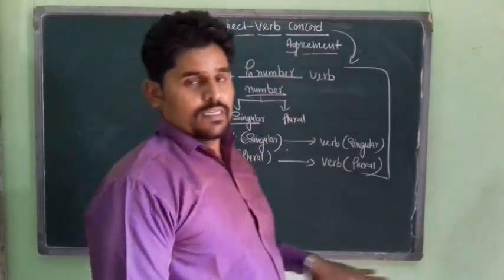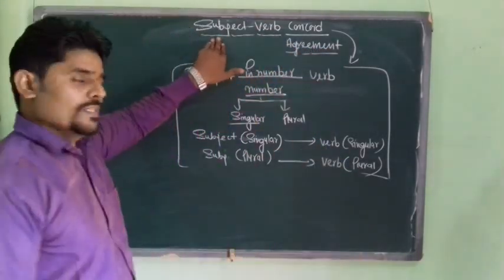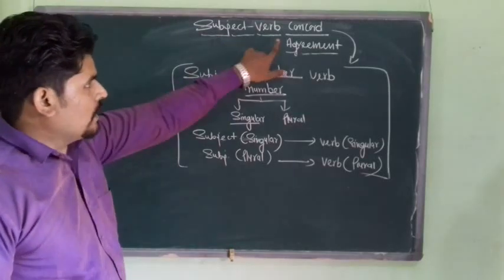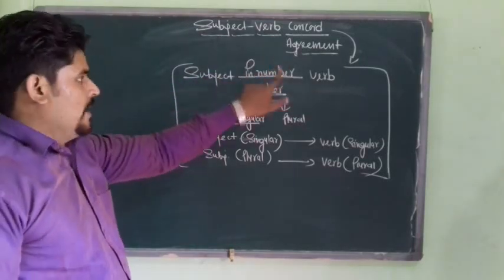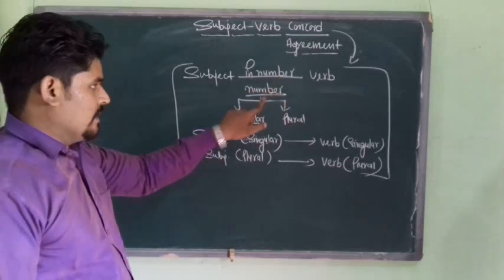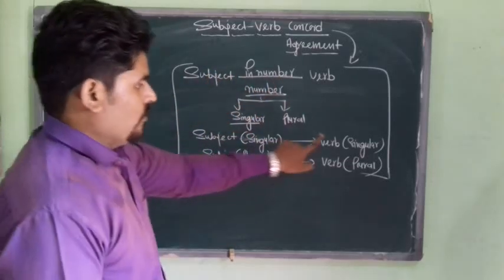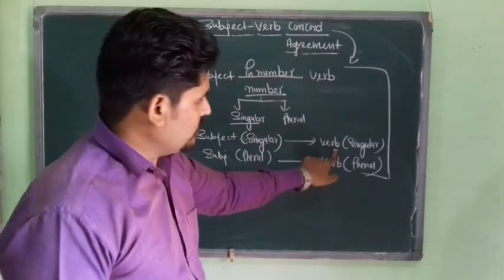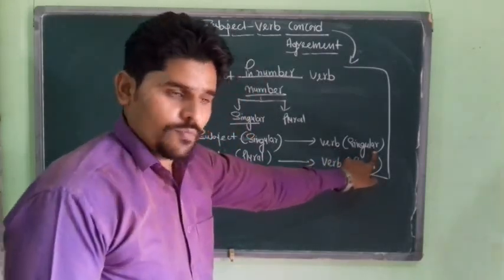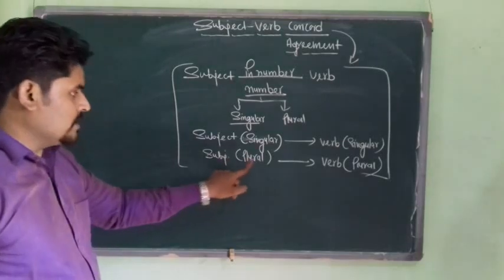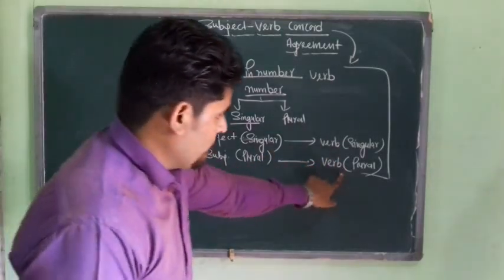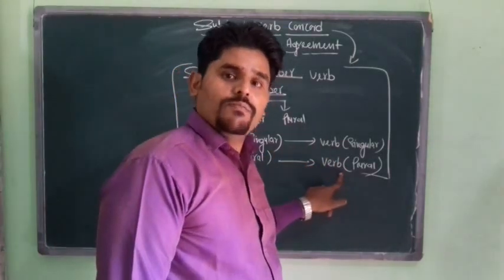Subject-verb agreement says that the subject of a sentence always agrees with its verb in number. And that simply means if the subject is in singular number, the verb that comes after the subject must be in singular number. If the subject is in plural number, the verb that follows it must be in plural number.